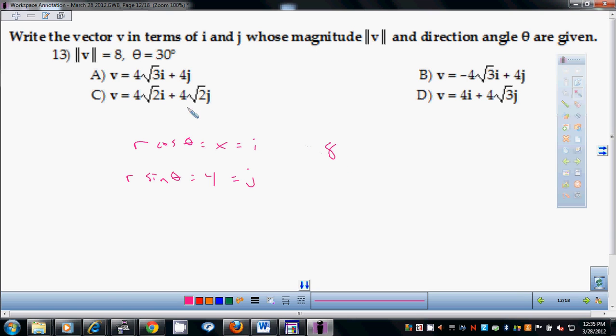Caitlin. What is cosine 30 degrees? Radical 3 over 2. So I multiply. 8 radical 3 over 2 reduces to what? 4 radical 3? So positive 4 radical 3 is my I value. Which one is it? A.